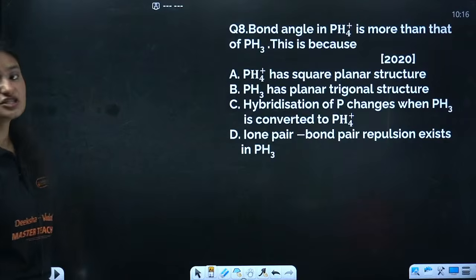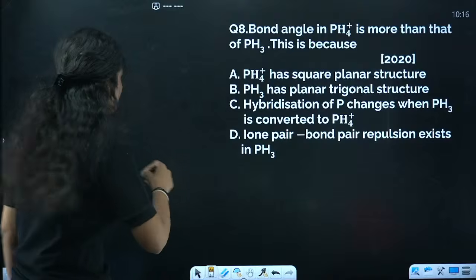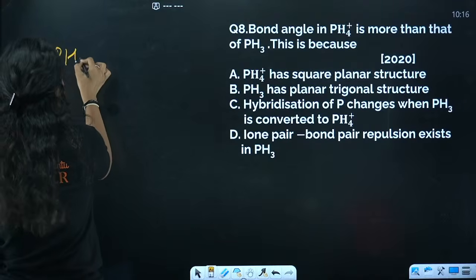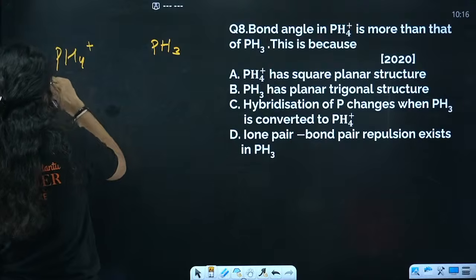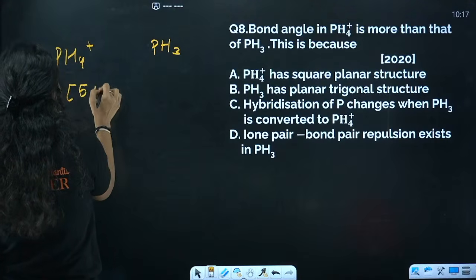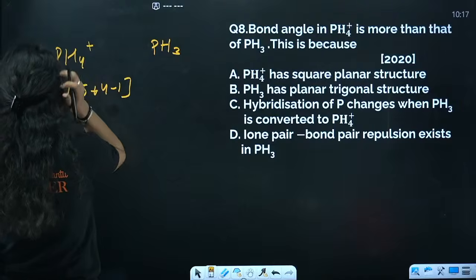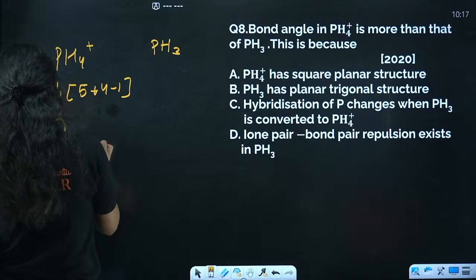Bond angle in PH4 positive is more than that of PH3. So in PH4 positive and in PH3, what is the hybridization? Let's start from PH4 positive. Hybridization is 5 plus 4 minus 1, which is 8 by 2, that is 4, sp3, right?